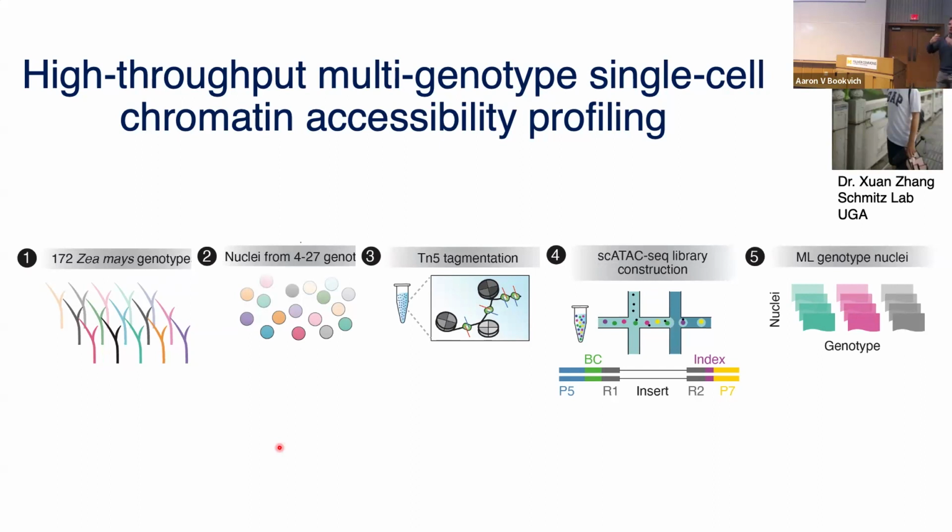And so this is a way we can very quickly generate lots of data without having to do nuclei isolation one genotype at a time. The other benefit was that we realized we could massively overload the chip and generate lots of data, kind of skirting the recommendations by the manufacturer, because we knew that we could remove the barcodes that represented doublets in our data set.